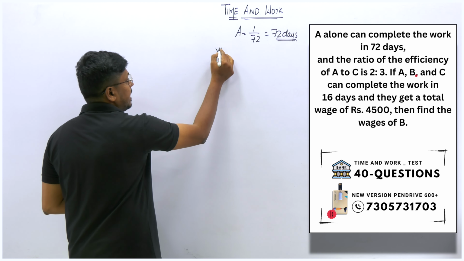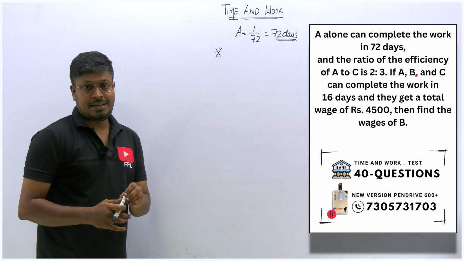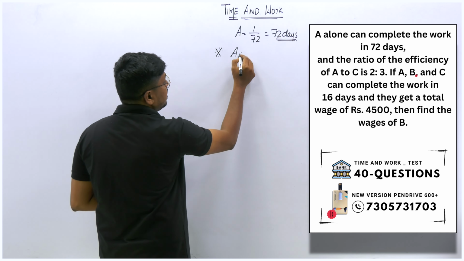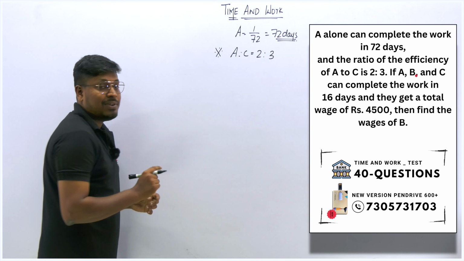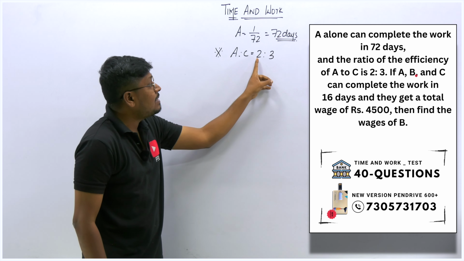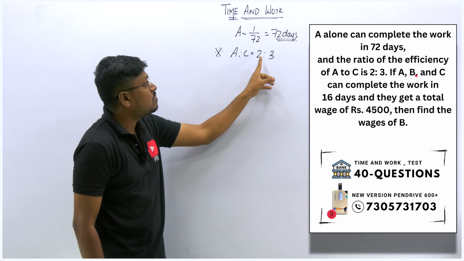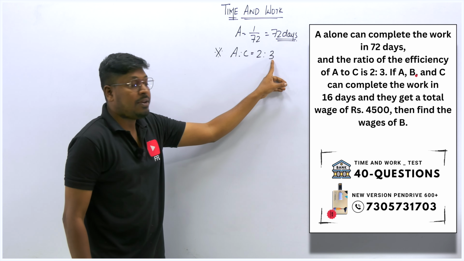Now the next important thing here. Just see, the ratio of efficiency of A is to C is how much? 2 is to 3. They have given the efficiency ratio, where the A and C efficiency ratio is 2 is to 3. That means when compared to A, C is more efficient.